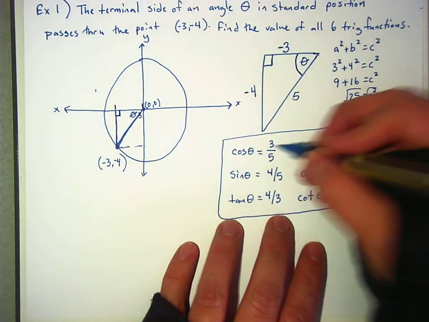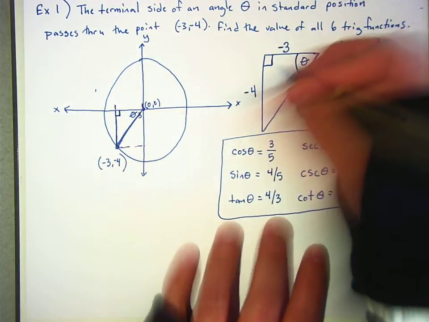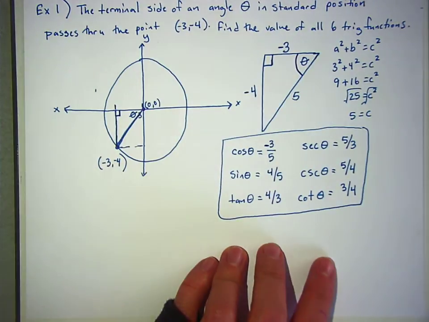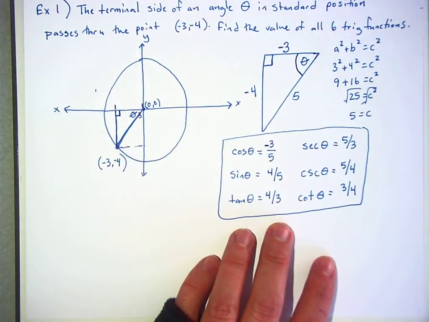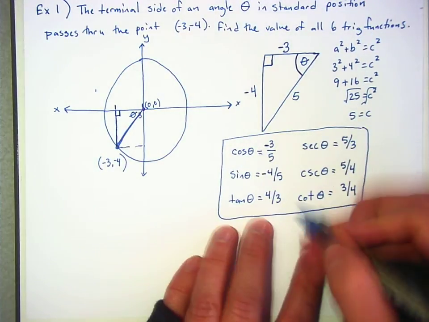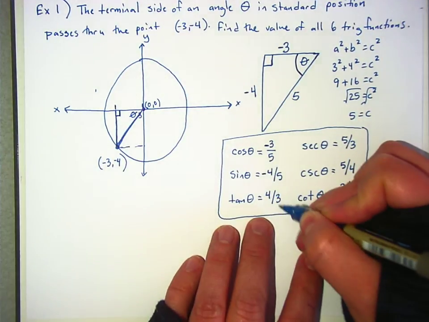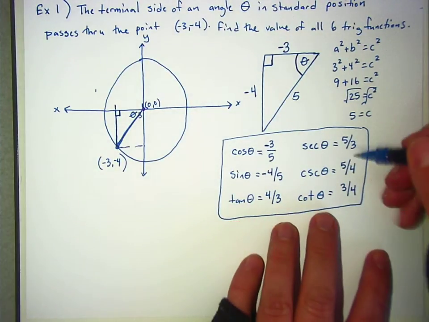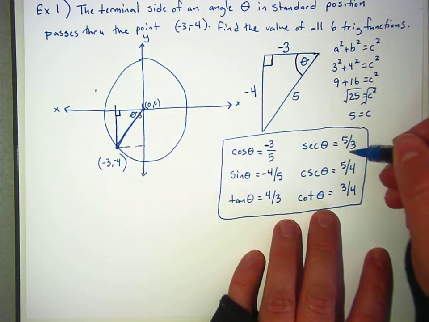All right. Now, the 5 is positive here. The 3 is negative, so this is actually a negative cosine. This one's negative. But this one is actually a -4 divided by a -3. What's a negative divided by a negative? Positive. We're leaving the tangent positive. Secant has a +5 and a -3.